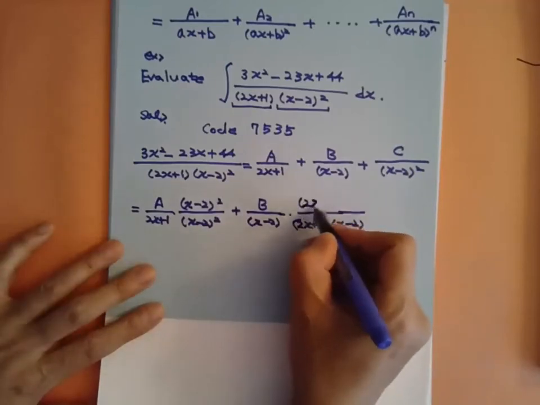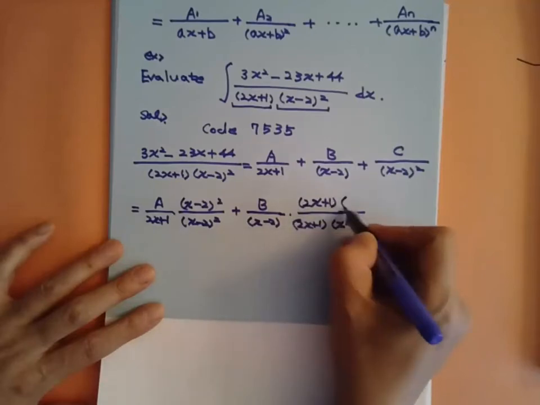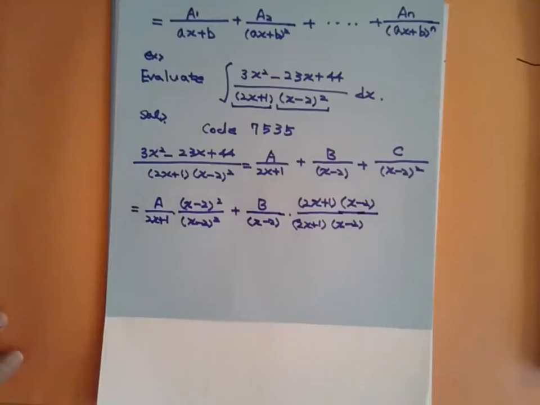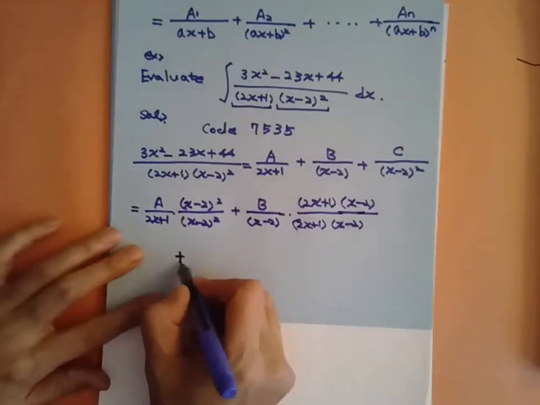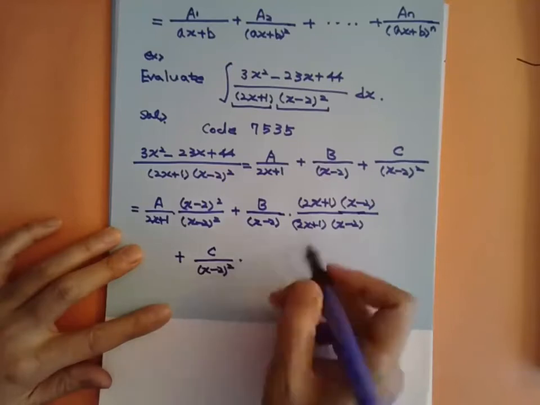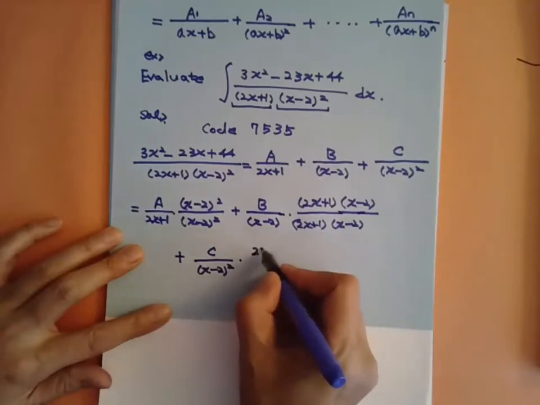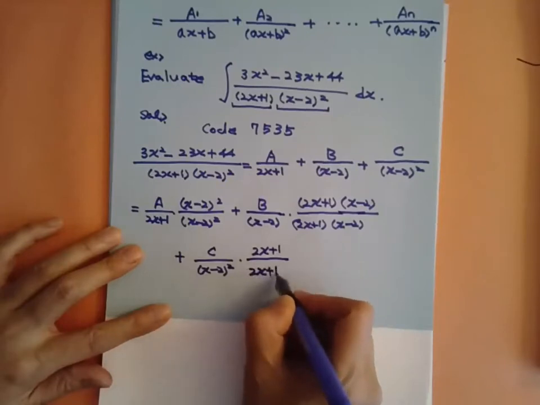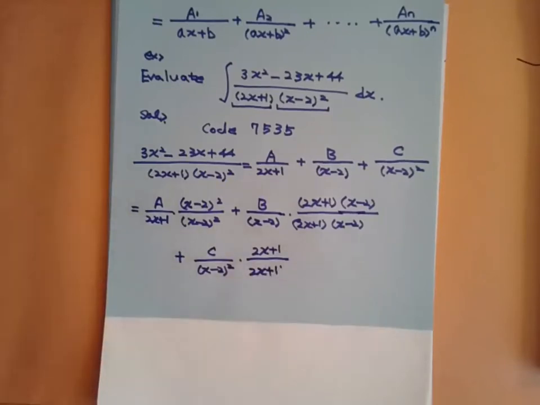We do it to the numerator and the denominator. Plus c over x minus 2 squared times 2x plus 1 over 2x plus 1 by considering the common denominator again.